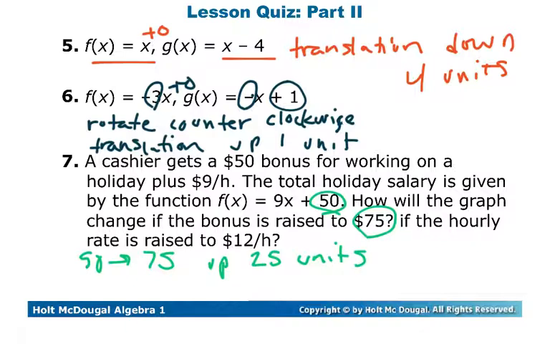If the hourly rate is raised to 12, that means that it's now a steeper line. So instead of being at 9, it's actually at 12, so it's more steep. And so that means a rotation, 9 to 12 is a rotation counterclockwise.